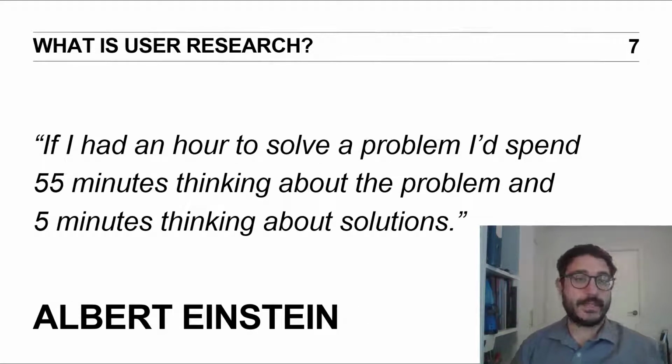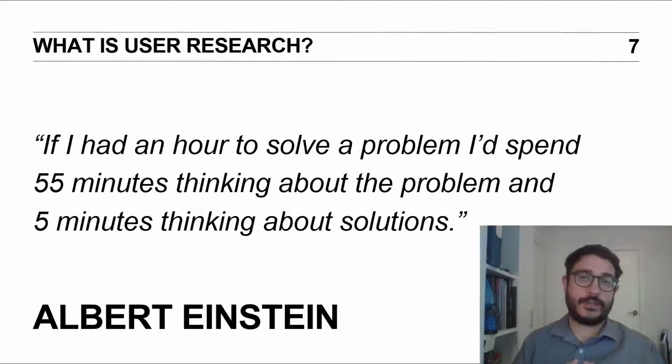Here's another one. If I had an hour to solve a problem, I would spend 55 minutes thinking about the problem and 5 minutes thinking about the solution or solutions. So what are they trying to say? They're saying that finding a solution is relatively simple if you have spent enough time thinking about the problem.